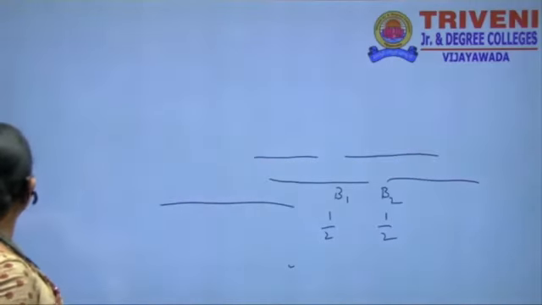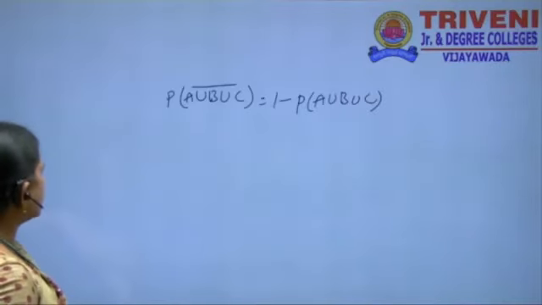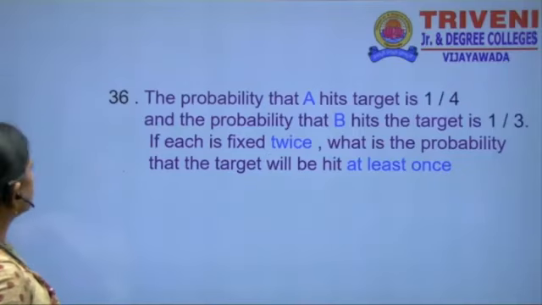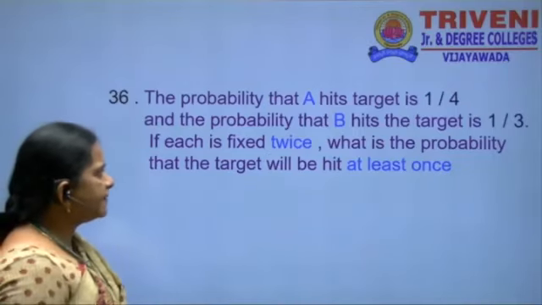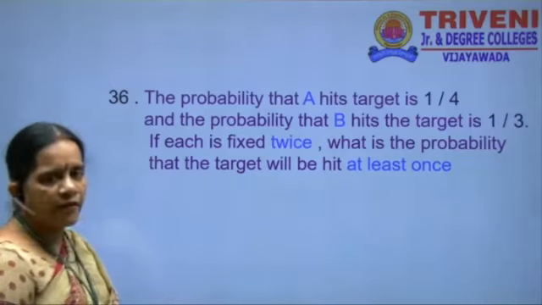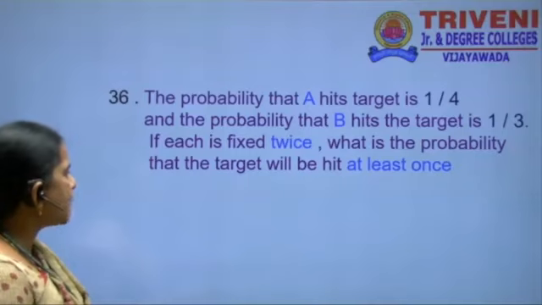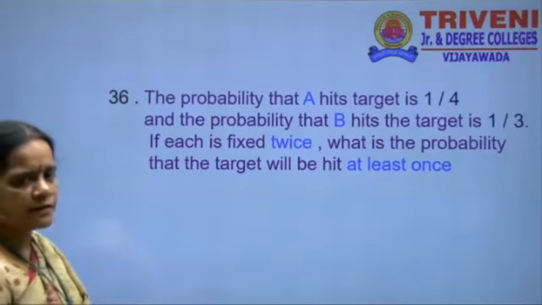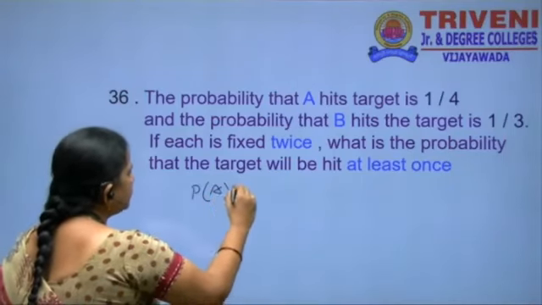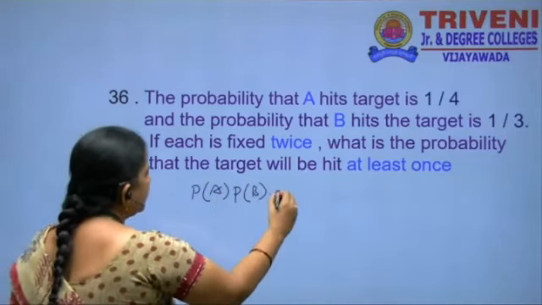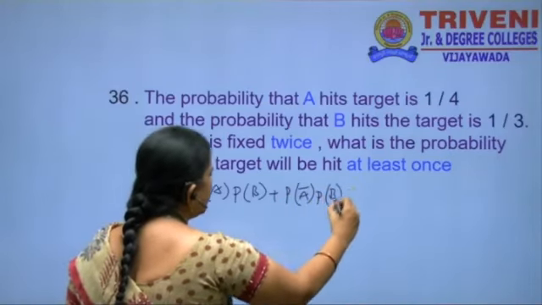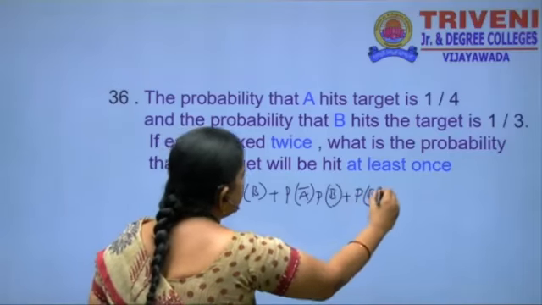Here the probability that A hits is 1 by 4 and B hits is 1 by 3. Each fires twice. What is the probability that the target is hit at least once? We have to take two members at a time: the first case, second one is only A hits the target, and third one is only B hits the target.